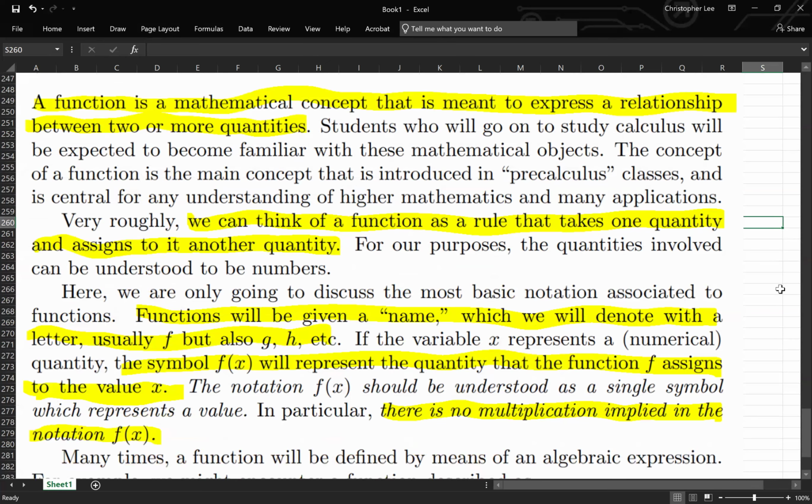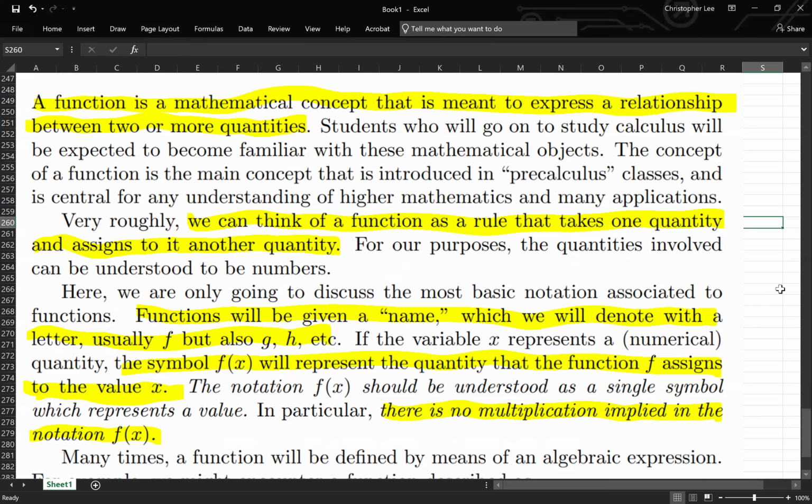So a function is a mathematical concept that is meant to express a relationship between two or more quantities. Students who will go on to study calculus will be expected to become familiar with these mathematical objects. The concept of a function is the main concept that is introduced in pre-calculus classes and is central for any understanding of higher mathematics in many applications.